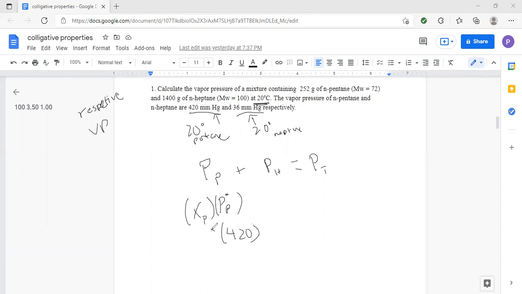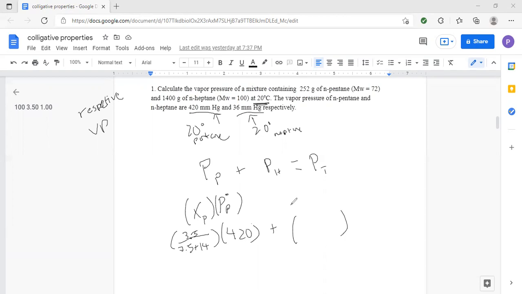And the mole fraction, I'm just going to go ahead and put in right now. It's going to be 3.5 over 3.5 plus 14. So moles total are on the bottom for pentane plus heptane, and moles of just pentane on the top.